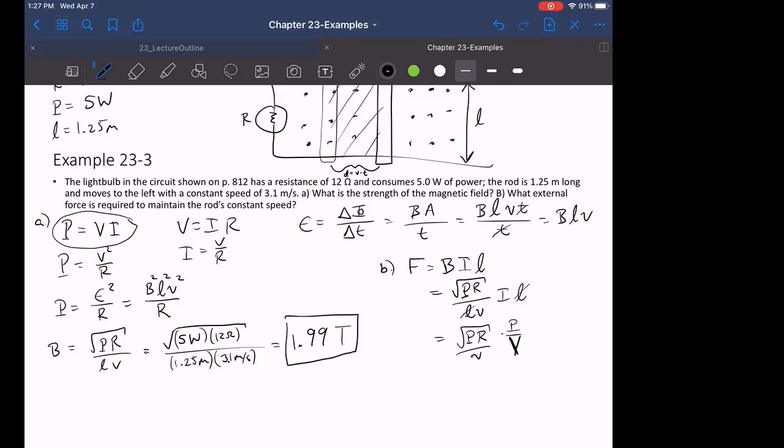Capital V, little v. And V is that EMF, right? So you said that's the EMF. And then what? Well, we said EMF equals BLV. Nice. So we've got the square root of PR times P over BL little v squared, right? Then what?